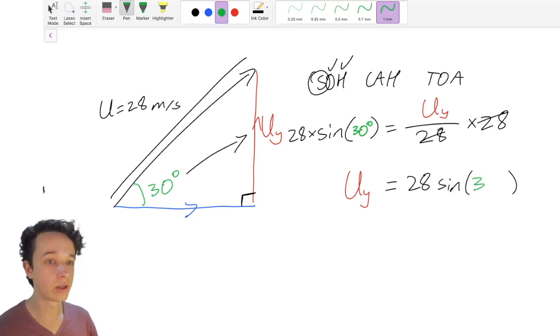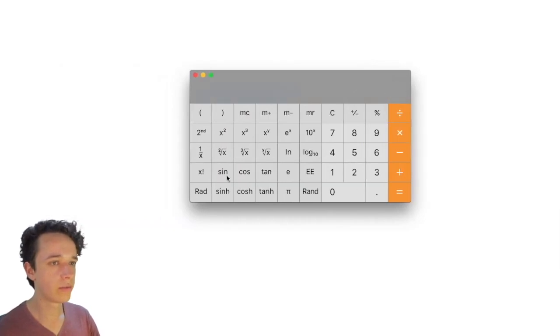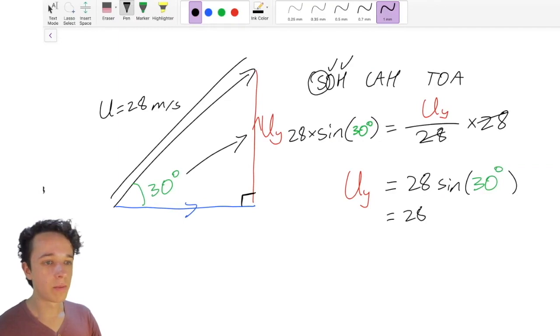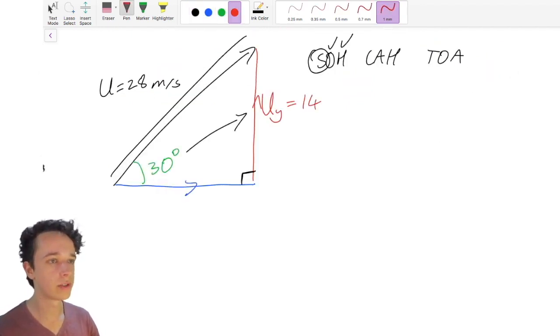And sine of 30 degrees is an exact value. If we go to our calculator and put in sine of 30, we get 0.5, so a half, which means that this is 28 multiplied by a half, and half of 28 is just 14. So we found that uy is equal to 14 meters per second.